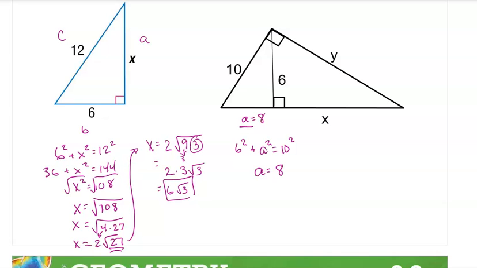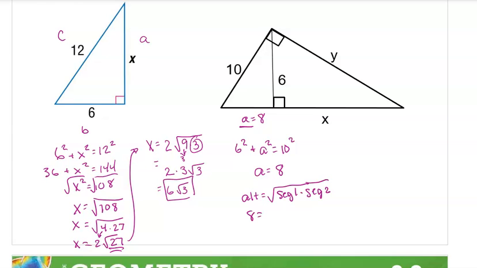So now that we know that's 8, we have just a little bit more information where we can actually use the geometric mean with this altitude. So I'm going to use the altitude equals the square root of 8 times x. Oops, I did the segment times the segment. So let me put the formula in here. Segment 1 times segment 2.